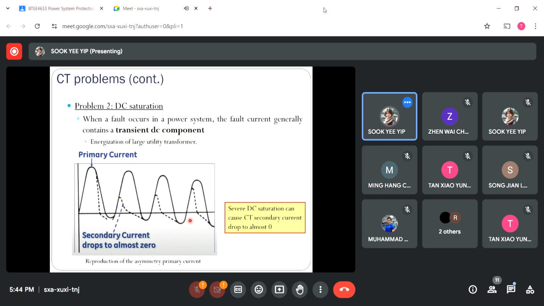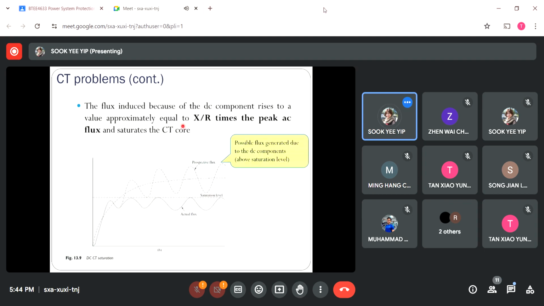Now under these situations, you will notice that the flux induced due to the DC component rises with a value which is approximate to the ratio of reactance to resistance, or due to the power factor of the load, and it will cause the current transformer to turn into saturation mode.